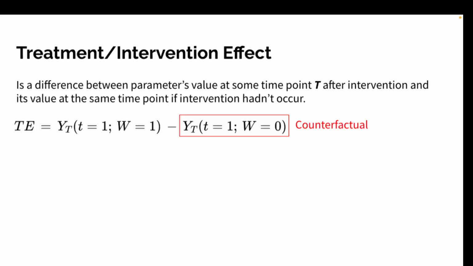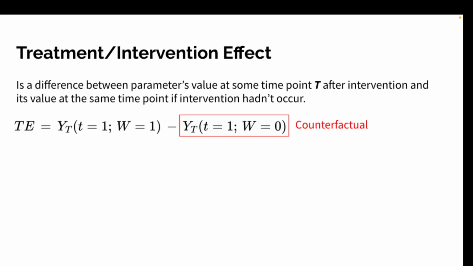How can it be that I'm saying this is a group that was treated, but at the same time I set W to be 0, which means it's not treated? That's why this is counterfactual, or in other words, this is a quantity that cannot be realized in actual real life. So the second term basically means: what would have been the value of y in the treatment group if I had not applied the intervention, right? That's the counterfactual. Is it clear?